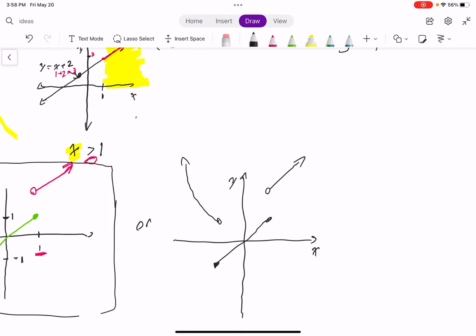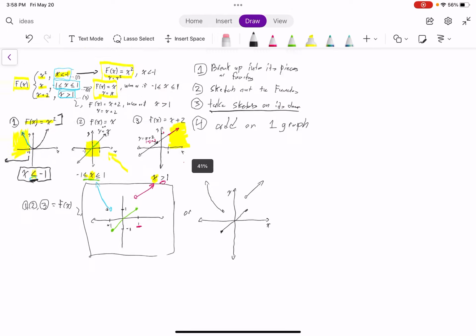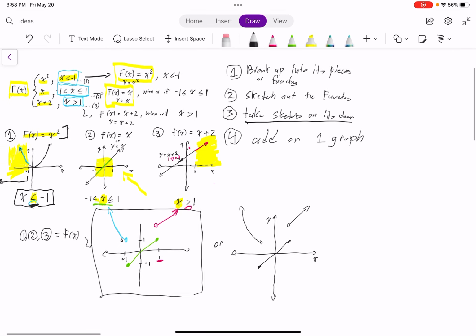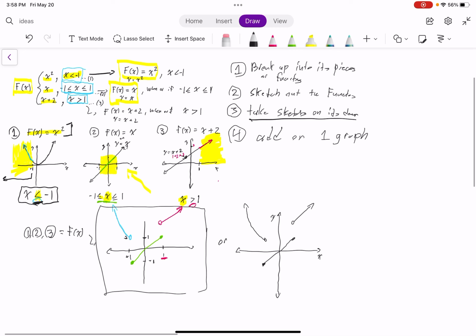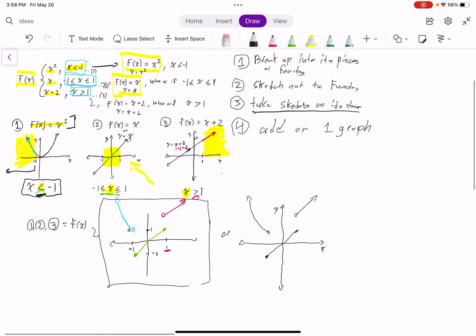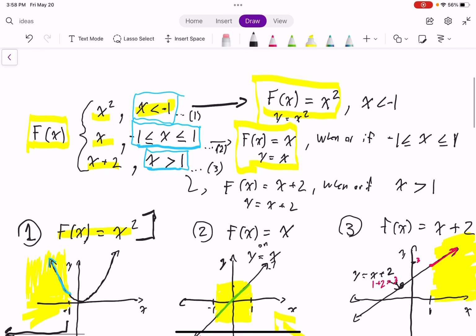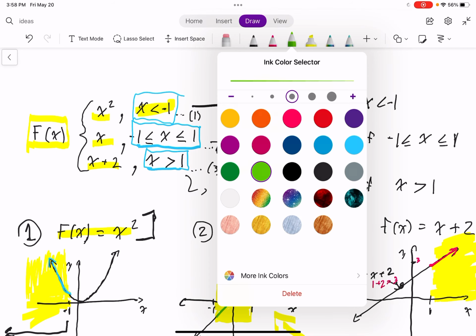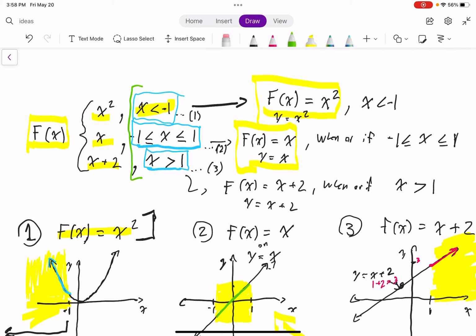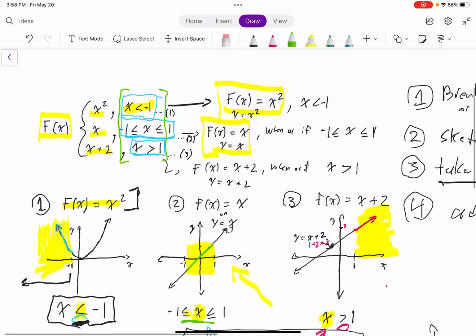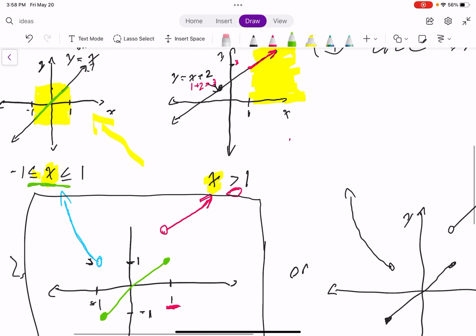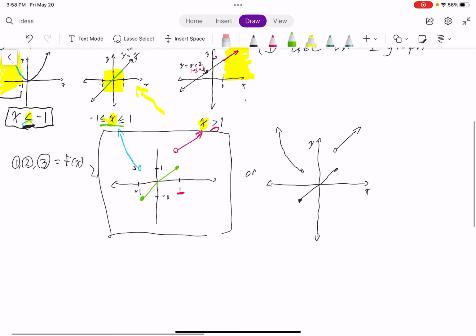And how you deal with a question is, well, there are many types of questions you can have here, but the main thing, if it asks you about certain points, the first thing you have to look at is where the point is. You have to look in the domain and say, where's the point? If they ask for a point, 2, for example, they ask for x at 2.